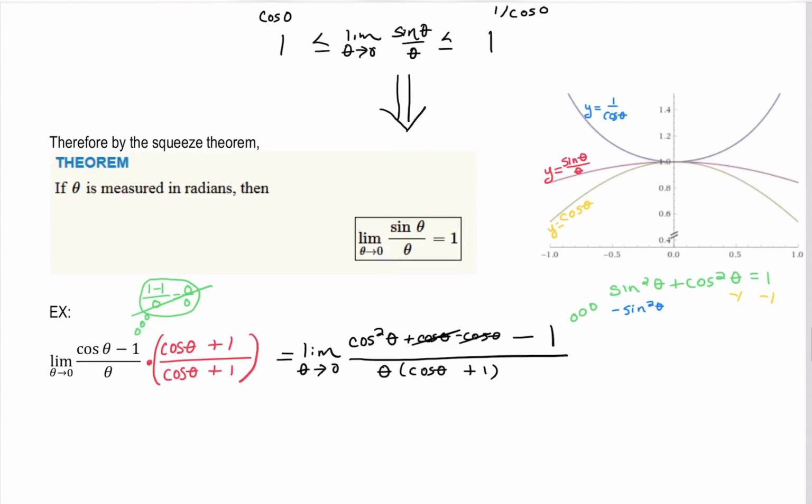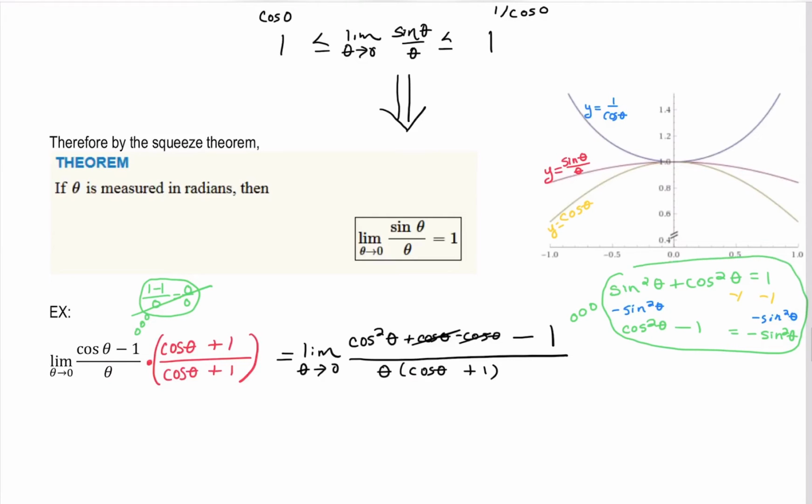I'm just trying to get cosine squared theta minus 1, because that's what I have in this numerator. On the left-hand side, I have cosine squared theta minus 1, and on the right-hand side, minus sine squared theta.